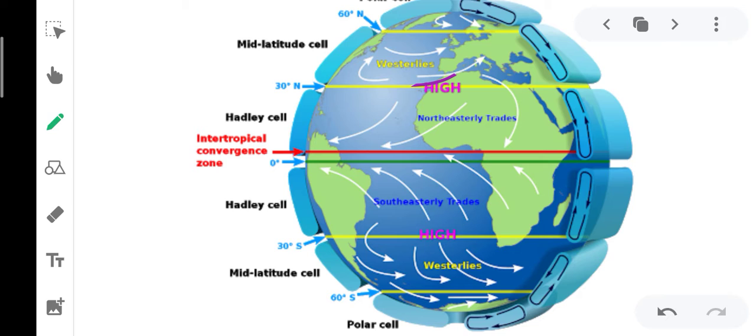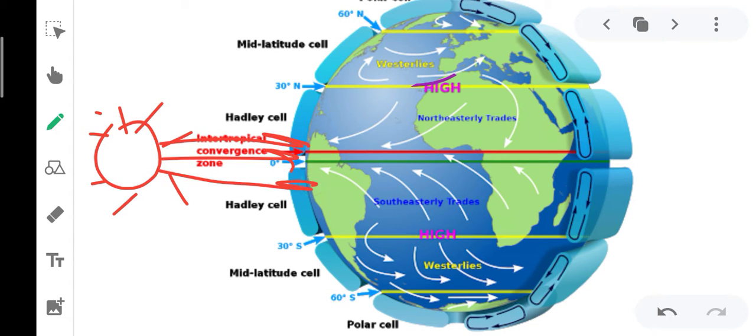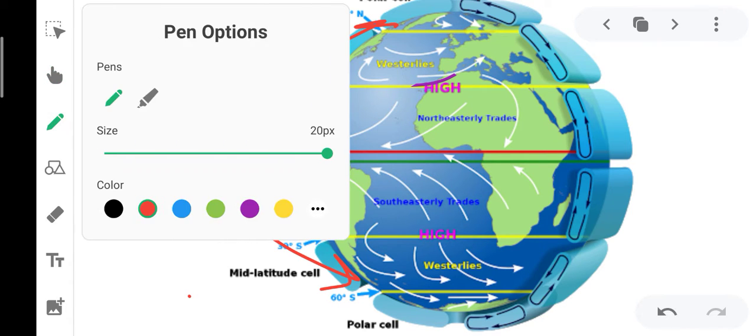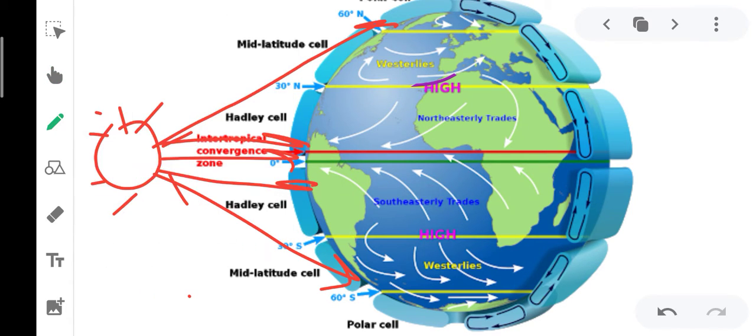This is a globe. Here is the sun. From the sun, the equatorial region receives direct sunlight and the polar region receives slanting sunlight. So the temperature of the equatorial region is high. When temperature is high, there will be more evaporation of water.